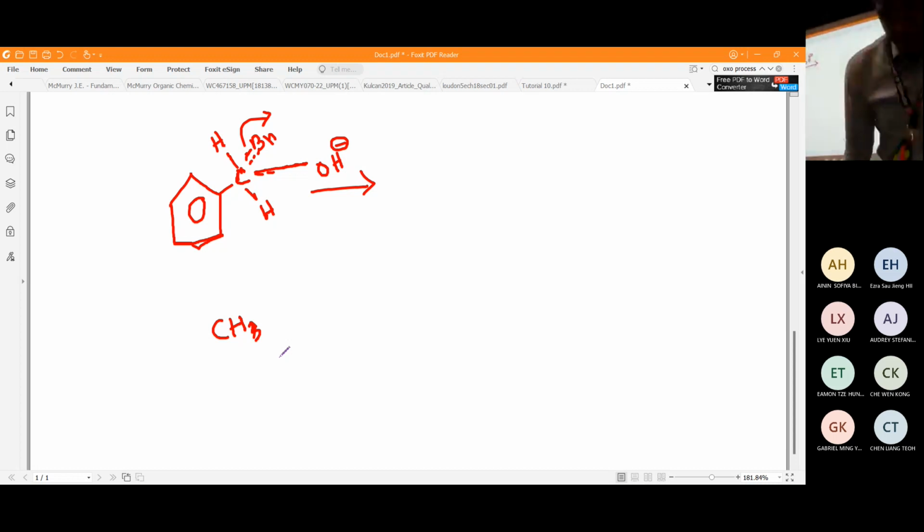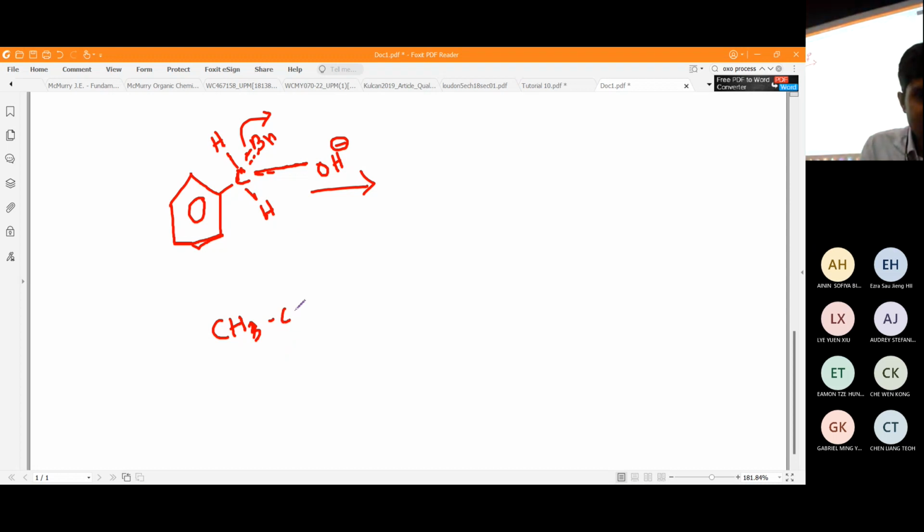Okay, so in this case, if I were using high heat and the compound was like this, CH3CH2CH2Br, so this is a propyl bromide, right?